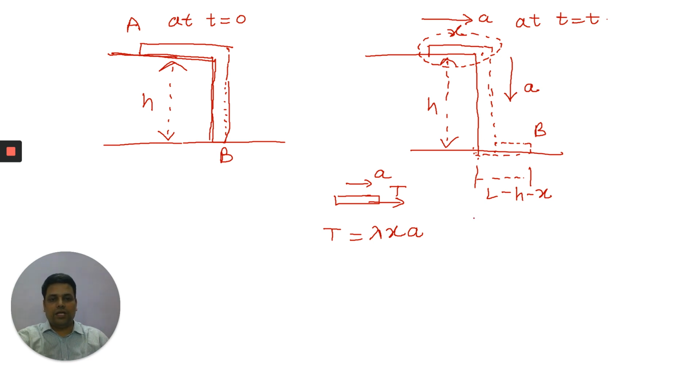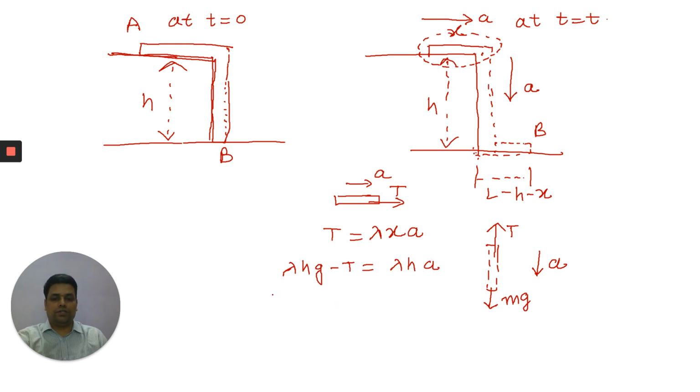And for this vertical part, we can write the equation. We have the gravitational force and the tension T, the same tension because we are talking about the same point, and mg for this part, and it has an acceleration here. So we can write mg minus T, where m is lambda h, the mass, so lambda h into g minus T equals lambda h a.